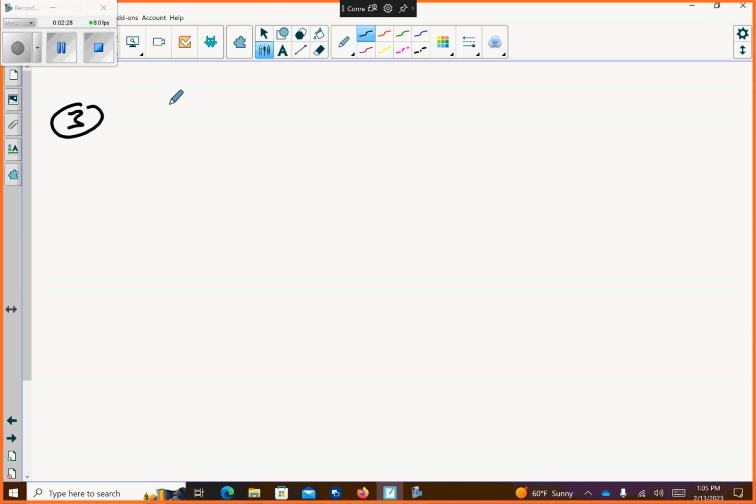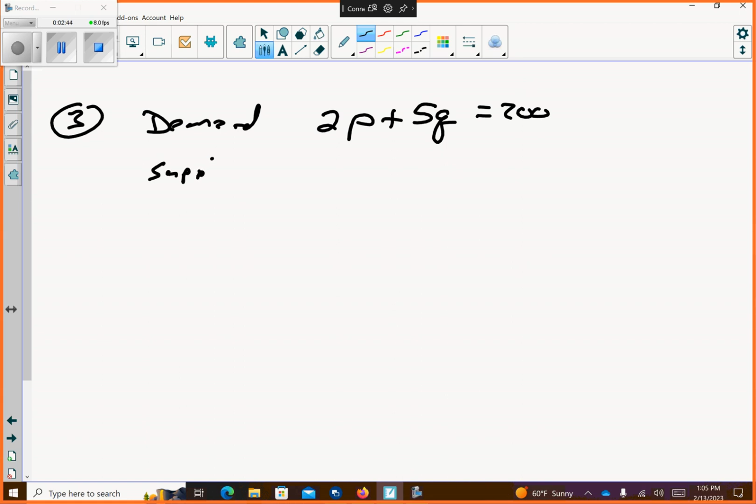All right, so it says the demand function is 2p plus 5q equals 200. And then it says the supply function is given as p minus 2q equals 10, and they want to know when the price is 60, is this a surplus or shortfall?